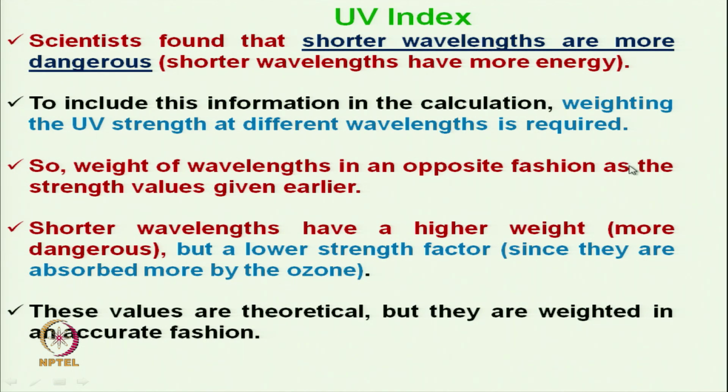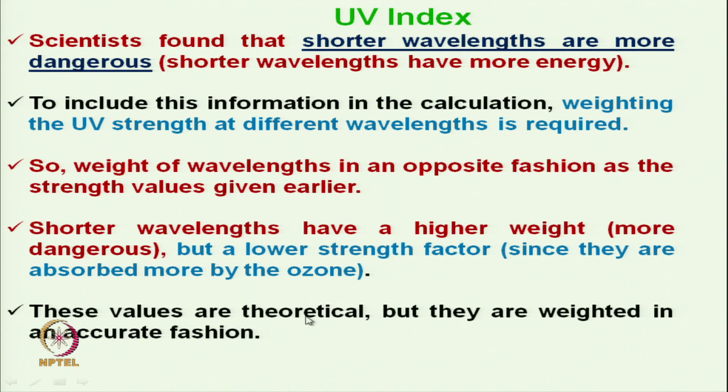That is why it has been weighted. So, the weight of wavelengths is in the opposite fashion to the strength values given earlier. Shorter wavelengths have a higher weight because they are more dangerous, but a lower strength factor since they are absorbed more by the ozone layer.